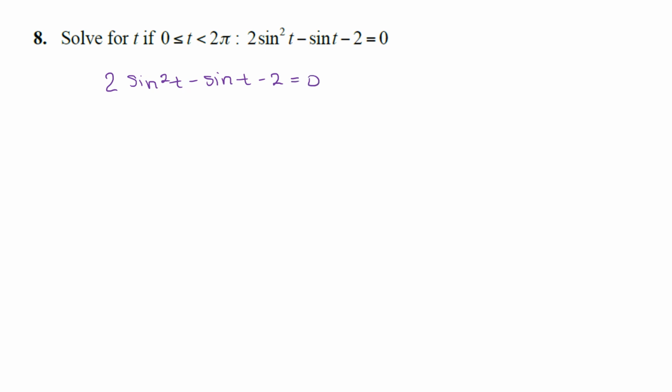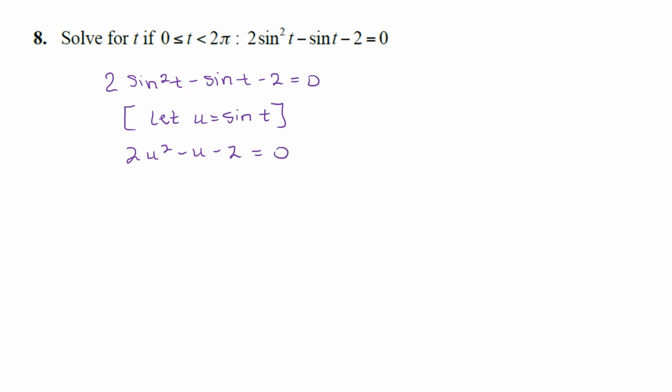So to help us see if we can factor this, since it's already in quadratic form set equal to 0, we're going to let u equal sine t. So we'll have 2u squared minus u minus 2 equals 0.